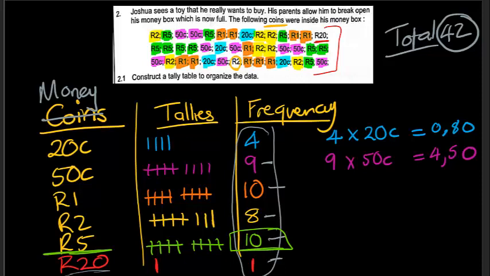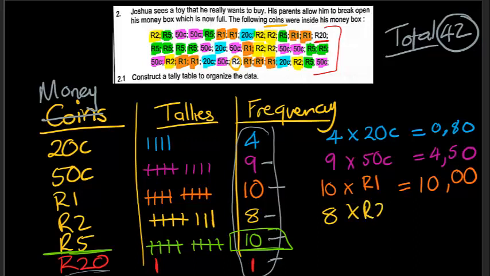Next up, we've got 10 times 1 rand. Now because it's 1 rand, these 2 zeros are already blank. 10 times 1 rand is going to be 10 rand. Do you agree with me? So that gives me 10 rand. Next up, we've got 2 rands. So 8 times 2 rand. Double of 8 is 16.